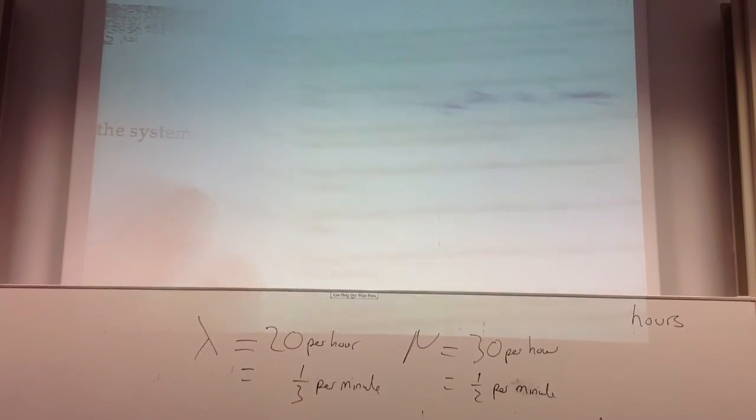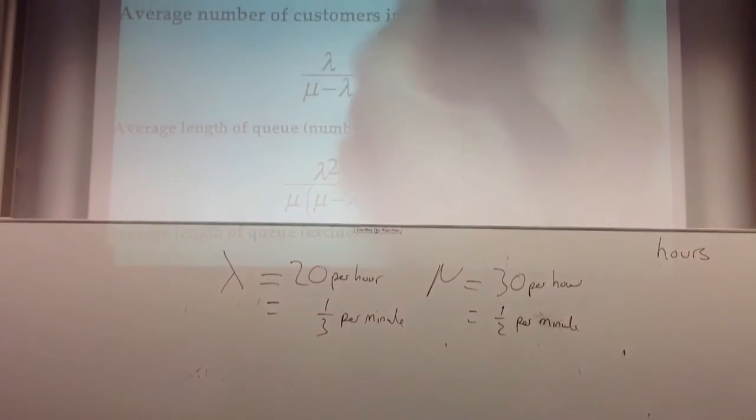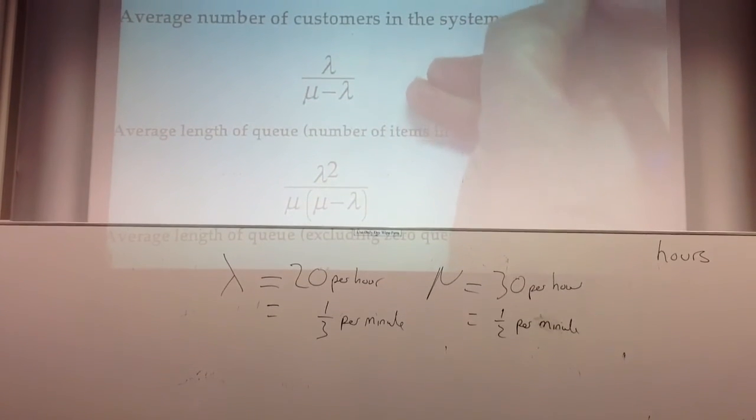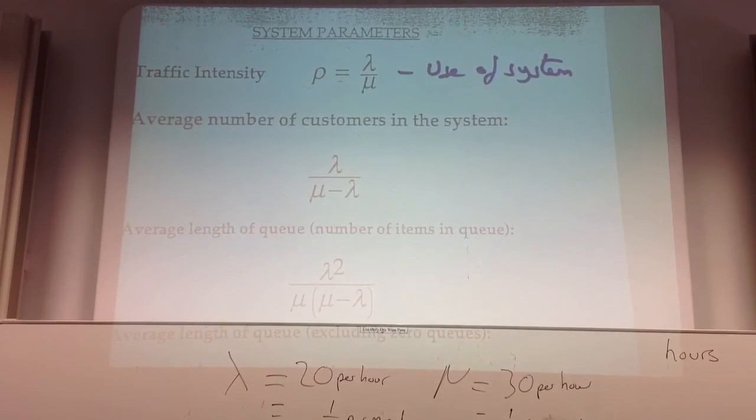Is the system busy? Which of these formulae? Well, traffic intensity is the use being made of the system. So that's telling you how busy or not the system is.